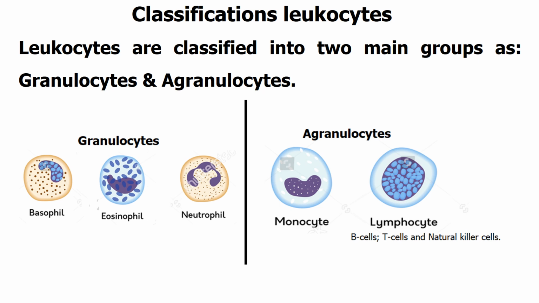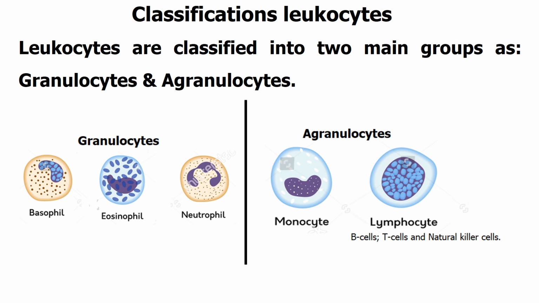Now, these white blood cells under leukocytes can be classified on the basis of their granulation or agranulation. We have the granulocytes and agranulocytes. Granulocytes are those that have granules in their cytoplasm, while the agranulocytes are those that have invisible granules in their cytoplasm.